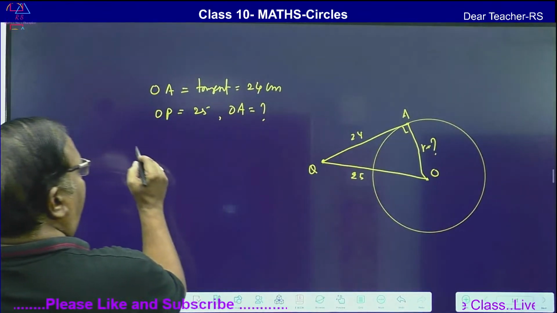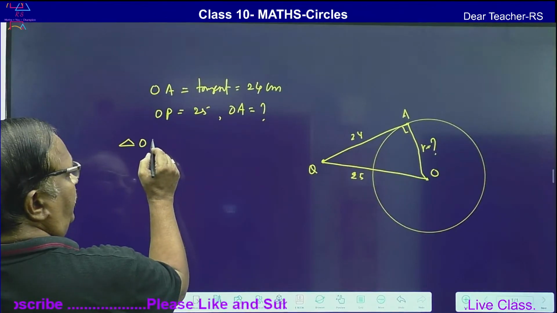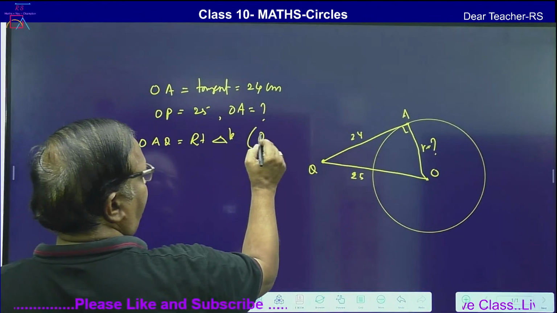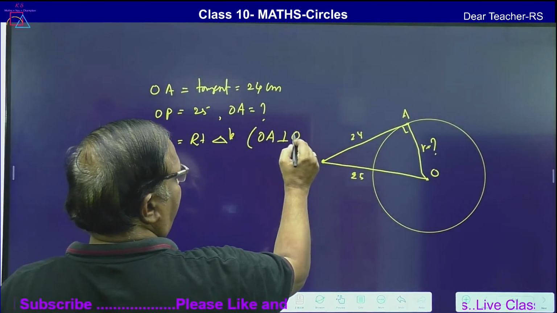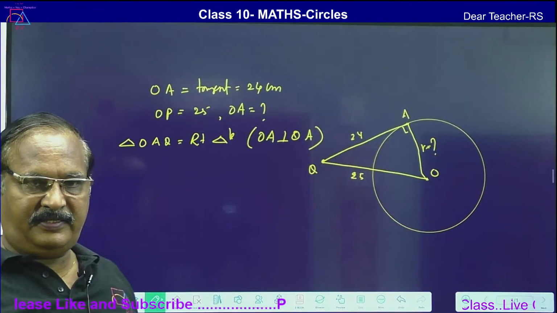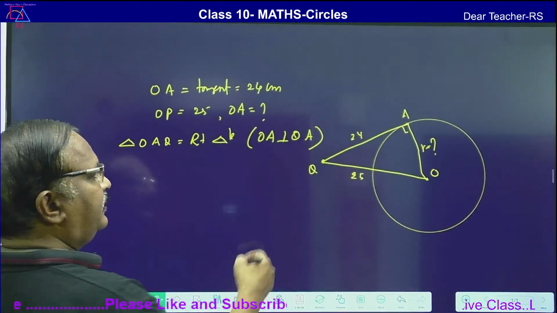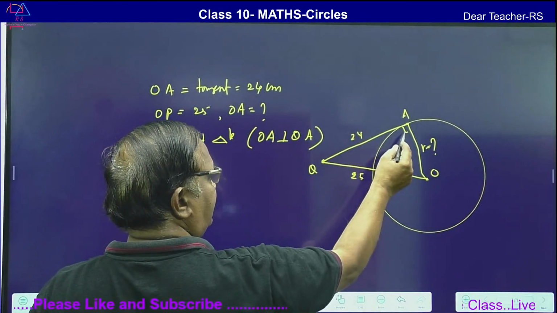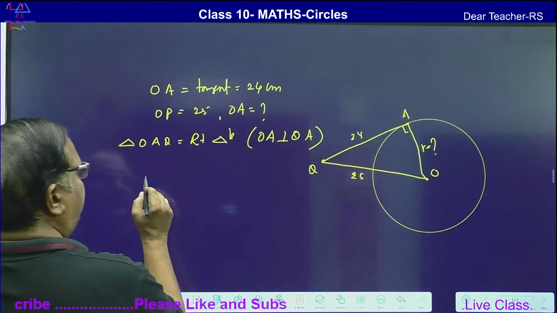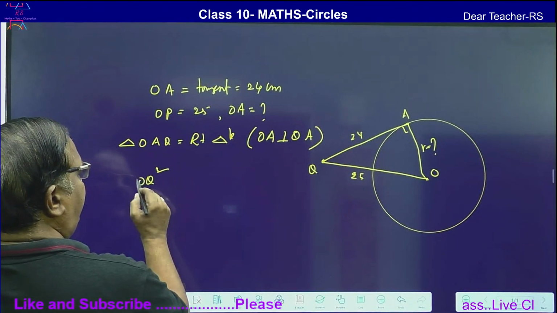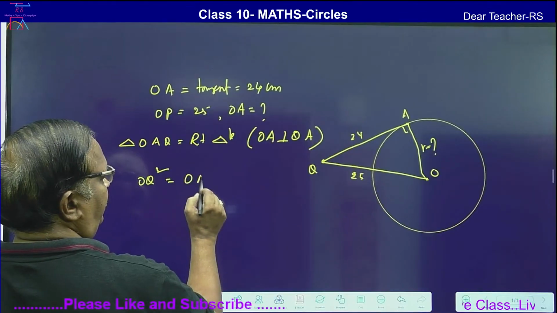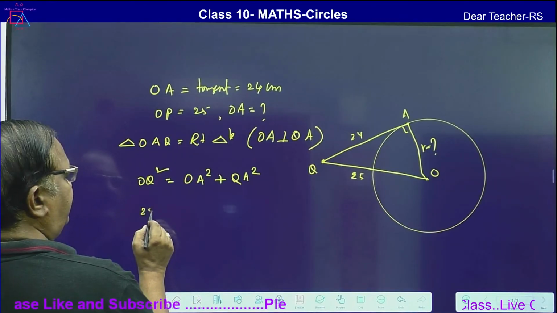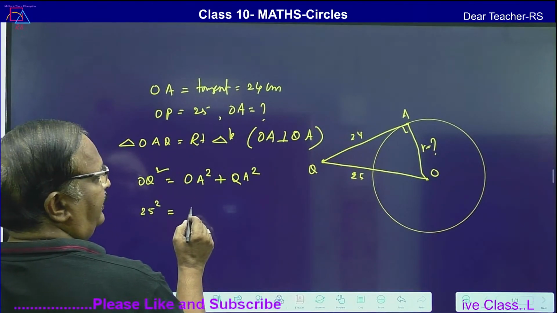So triangle OAQ is a right triangle, because OA is always perpendicular to the tangent. So you apply Pythagoras theorem there. The right angle, 90 degrees, is here. OQ is the hypotenuse. So OQ square is equal to OA square plus QA square. OQ is 25 square. OA, we don't know.